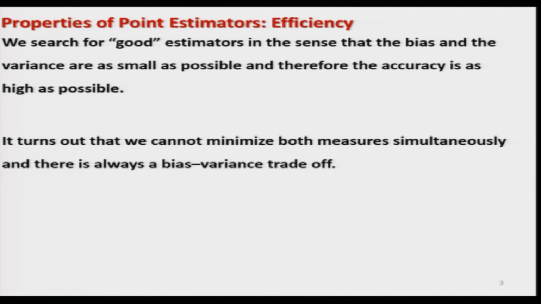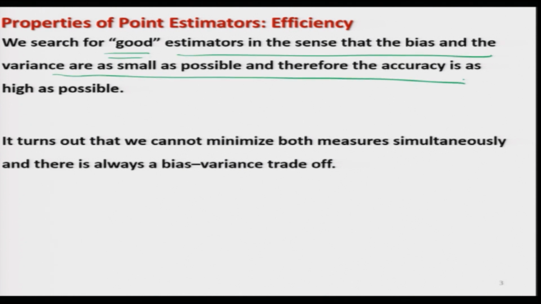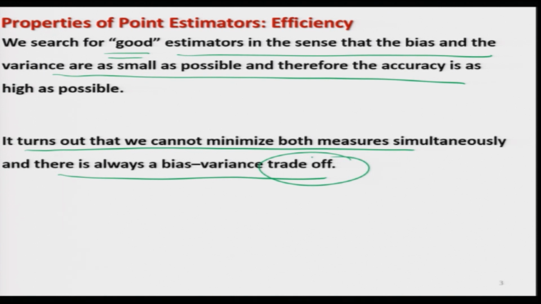So, we search for, quote unquote, good estimators in the sense that bias and the variance are as small as possible, and once you do it, the accuracy of the estimator becomes as high as possible. But when we try to do such an exercise mathematically, it turns out that we cannot minimize both measures simultaneously, that is the bias as well as variance, both of them cannot be minimized at the same time. And so, there is always a bias variance trade off, that means you have to strike a balance between the amount of bias in the estimator and the variance of the estimator, right.